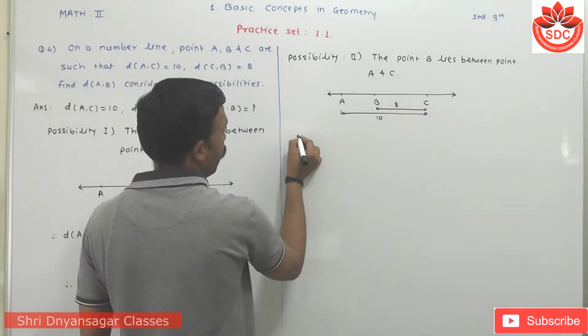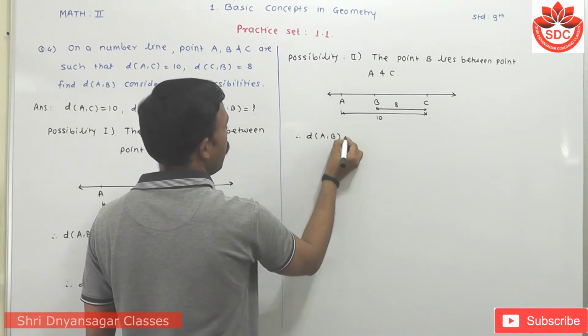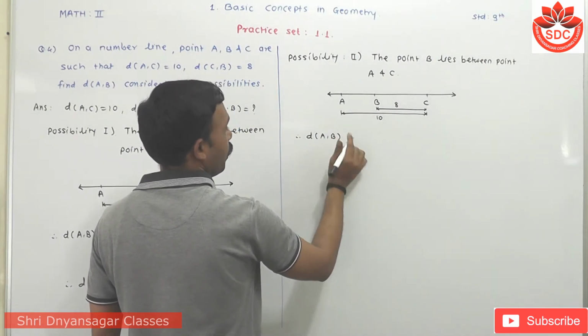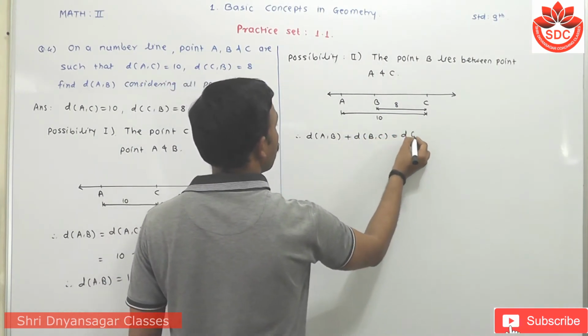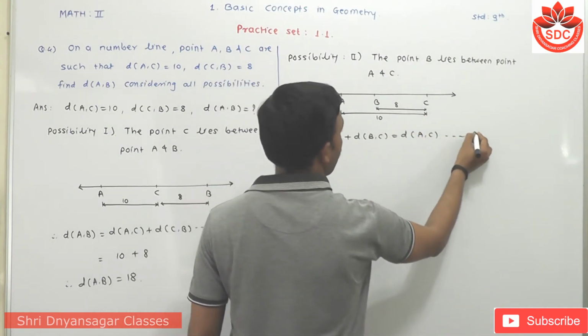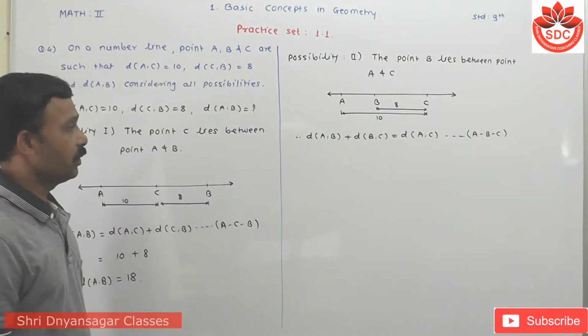At that time, we take distance of AB plus distance of BC is equal to distance of AC, because A-B-C. Substitute this value.